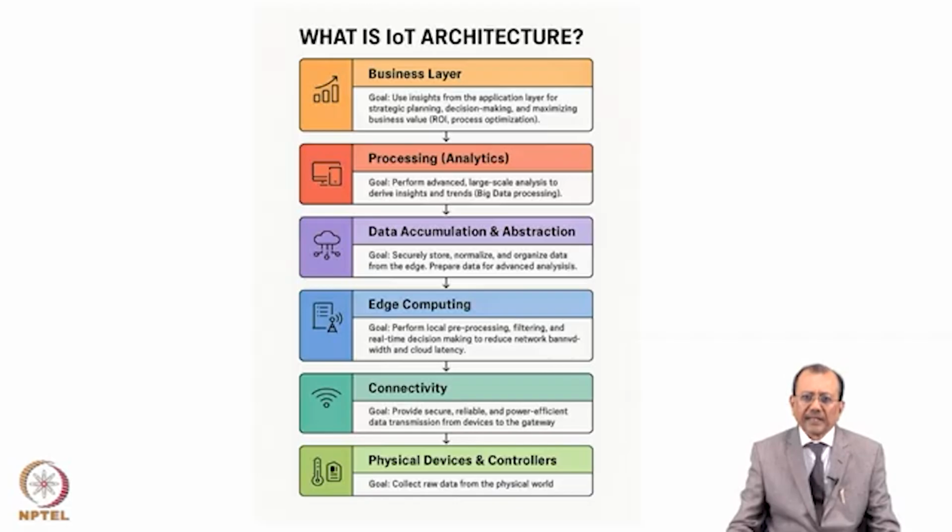Then it comes to data accumulation. Data accumulation is basically after the data captured from the devices has been processed. Now it requires some data analysis, and then we have to normalize this data. We have to see whether it is secure data.